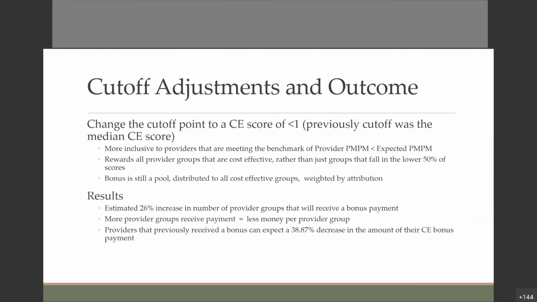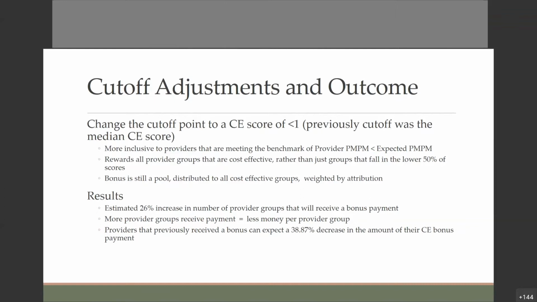But the cost effectiveness bonus is still a pool, and since we are going to be distributing it to more groups, it will have less money per provider group. And so there's going to be an estimated 26% increase in the number of provider groups that will receive a bonus payment.